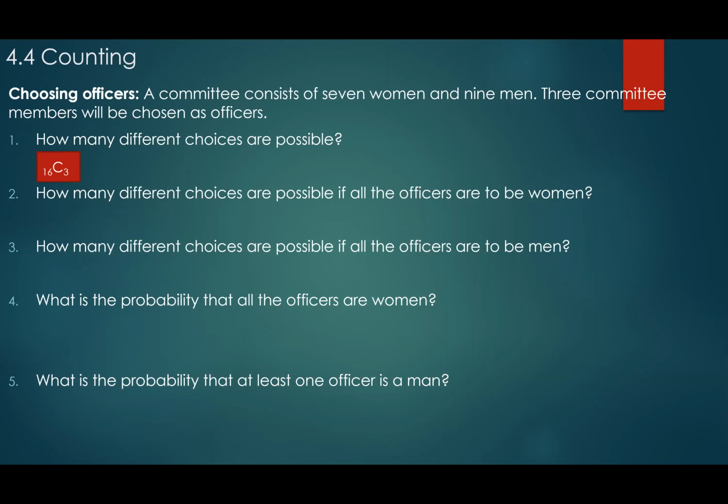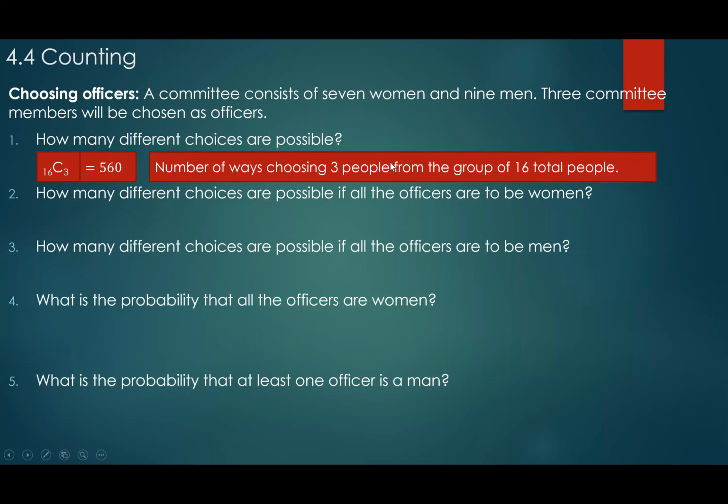From there, we choose 3 people for this committee, which is 16C3. This is the total number of ways that we can choose 3 people from a group of 16 people where the order does not matter.